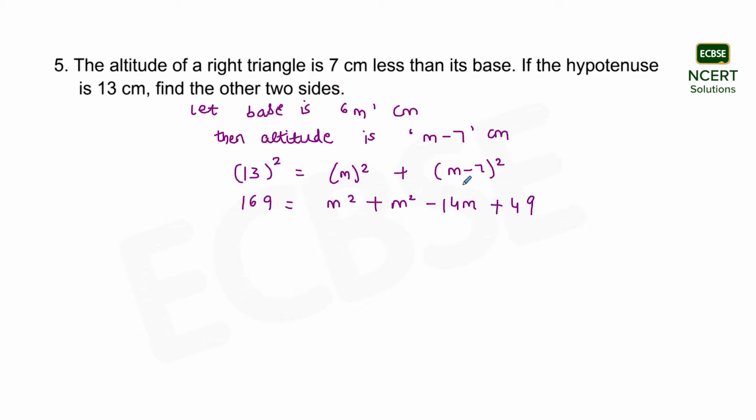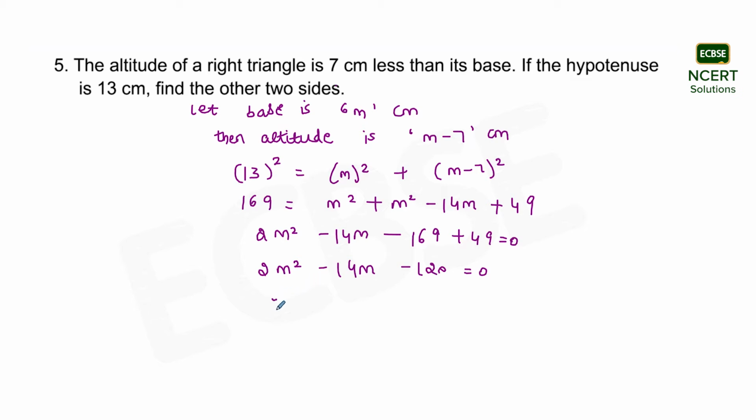Rearranging them, I'll get the equation 2m square minus 14m minus 169 plus 49 is equal to 0. So it can also be written as 2m square minus 14m minus 120 is equal to 0.